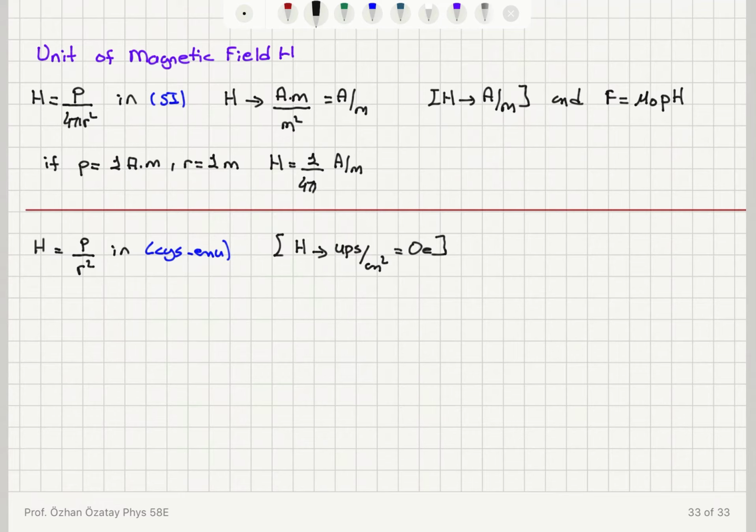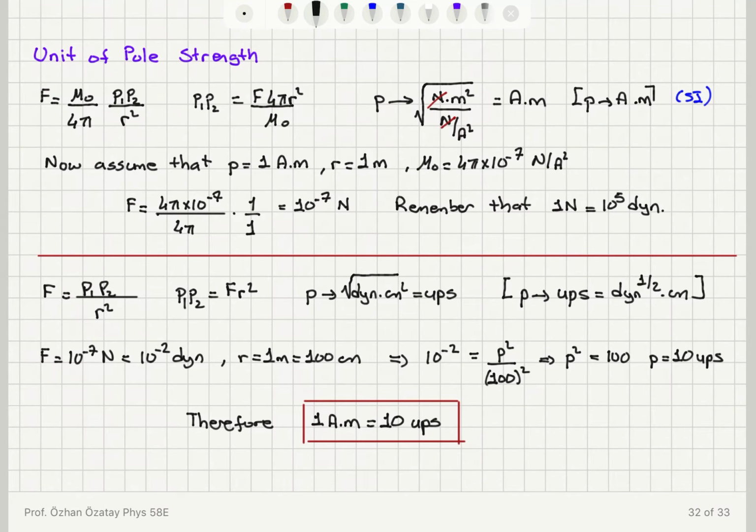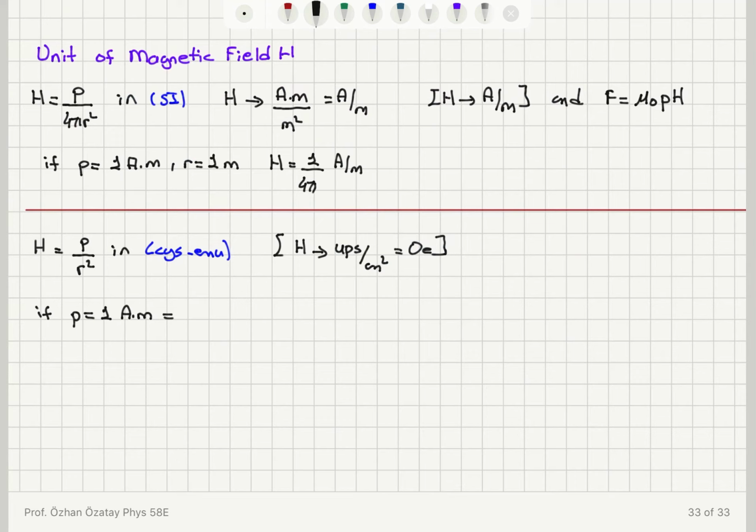Okay, so now I go back to this example. If I have a pole strength of 1 ampere meter, remember we found that 1 ampere meter is 10 unit pole strengths, and the distance is 1 meter, which is 100 centimeters.